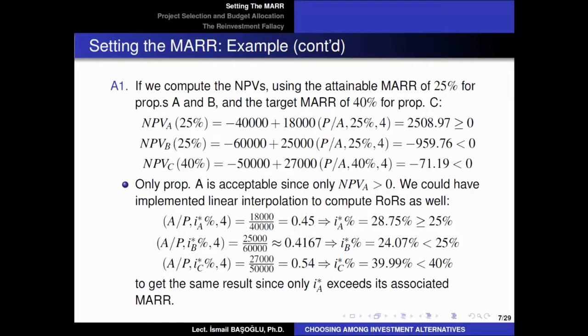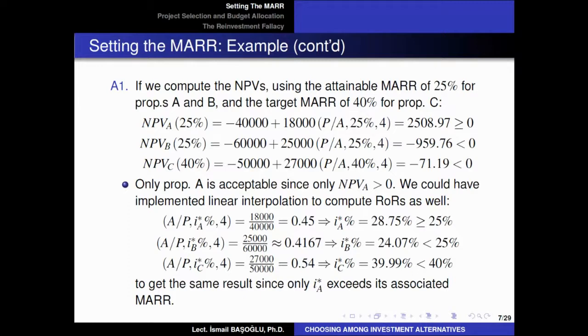Now, the net present value of proposal B and the net present value of proposal C, though they are negative, are small in magnitude. What does that mean? The net present values are no more than $1,000, for example, but we are talking about $60,000 and $50,000 of initial investment here.